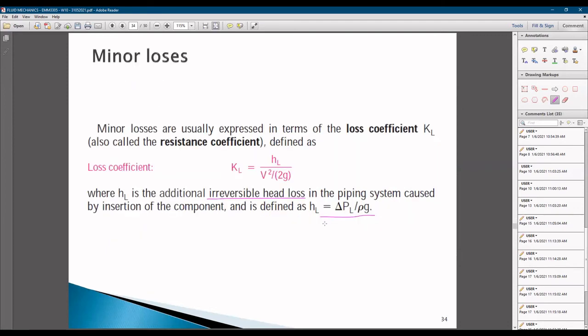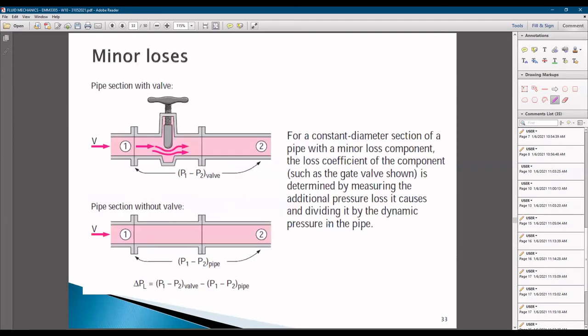Okay, and delta P_L is obtained from here. And this part is from here, and this part here is from here, okay?